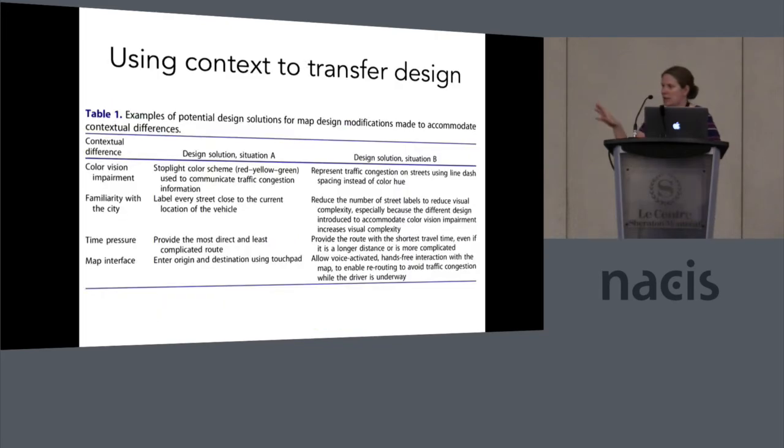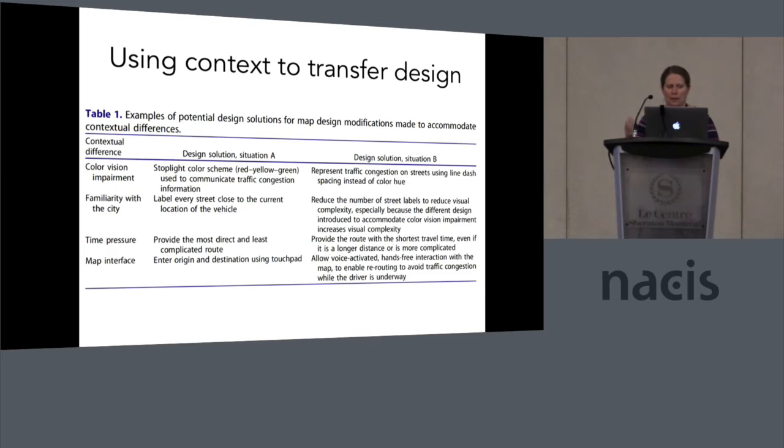So when we look at all these things together, we came up with this set of relevant contextual differences and potential design solutions that we would apply to those different situations. This is just an example of how we thought we might use this model in reality to customize a design to a particular situation.